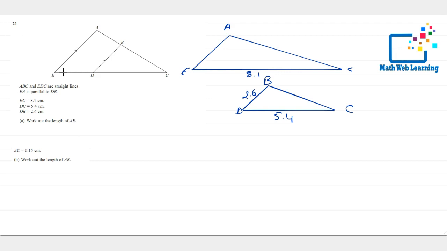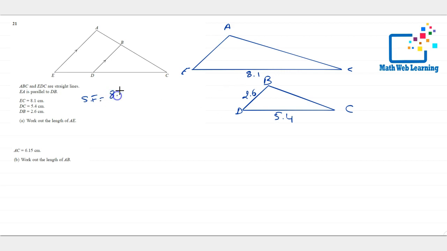Question 21 is a question on similar triangles. So I like to draw them separately. The bigger triangle, A, E, C, and the inside or smaller triangle, D, B, C. Now you can see the corresponding sides, E to C and D to C. We're going to use these two to work out the scale factor. So the scale factor, you always do the bigger divided by the smaller.